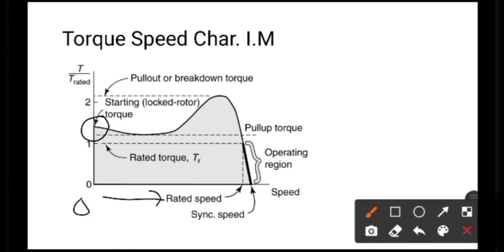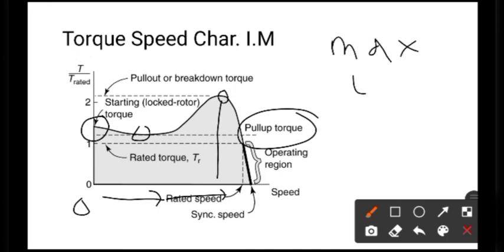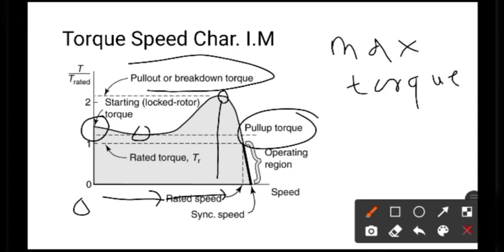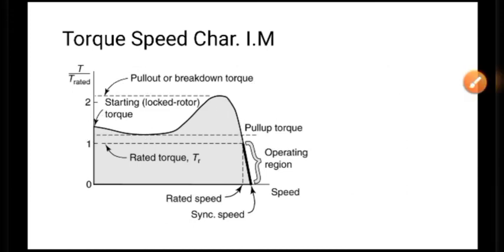After some time, the motor starts to rotate and produces the pull-up torque. When the speed of the induction motor increases, the motor produces the maximum torque, beyond which the motor will suddenly stop, and it is known as the pull-out or breakdown torque. This is the torque speed characteristic of the induction motor.